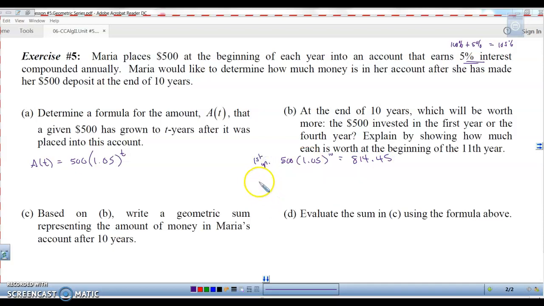Okay, so what if she had invested after the fourth year? All right, how many times would she have to multiply if she started in the fourth year instead of the first year? Well, instead of having a 10 here, this would be 6. Because she's not starting until the fourth year, so she would have 6 more years after that to apply the interest.